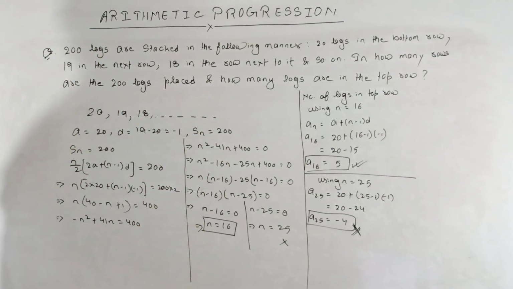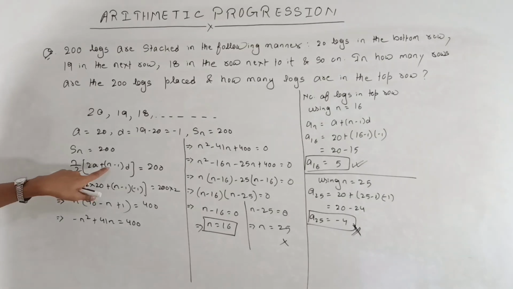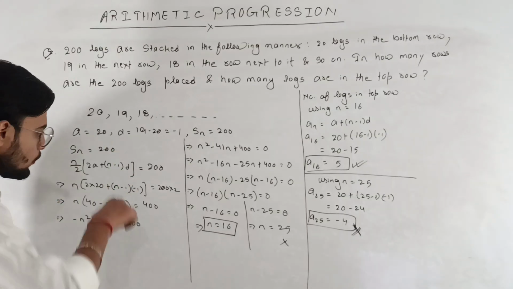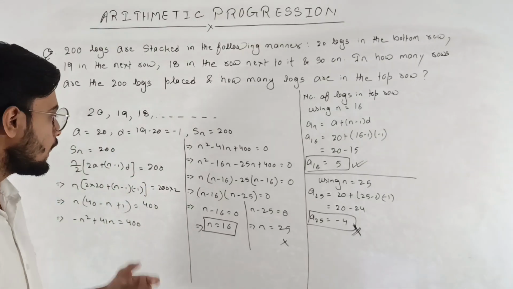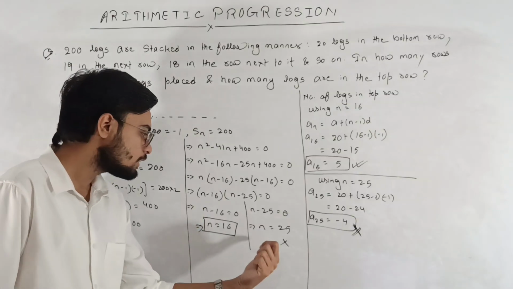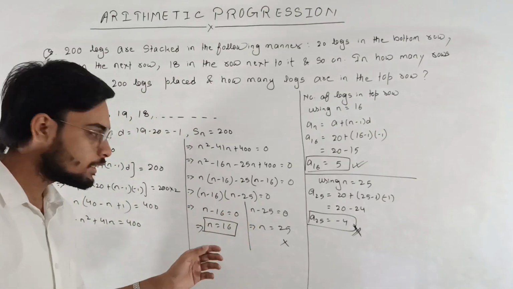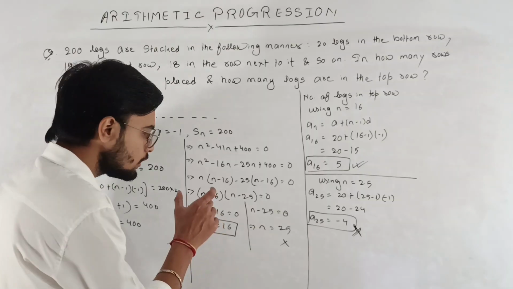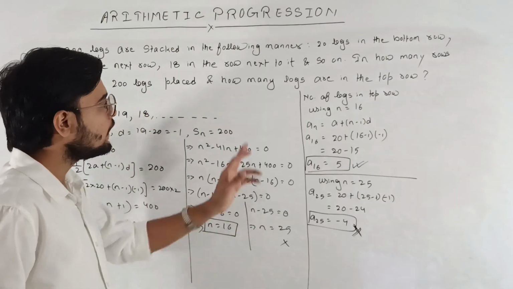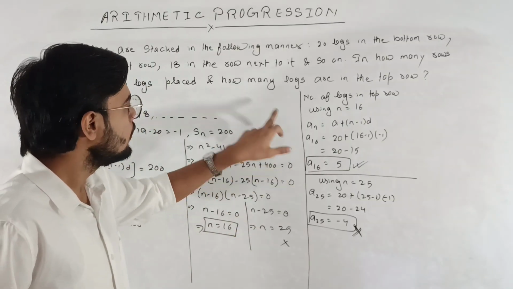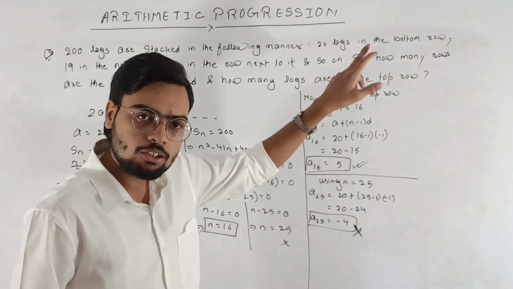Now from S_n I use the formula S_n is equal to n upon 2 into (2a plus (n minus 1) into d) is equal to 200. By using this formula, I find the value of n and I get two values: first is 16, second is 25. Now from here, it is not clear which one is correct, 16 or 25. So I use these two values for finding a, or for finding how many logs are in the top row.